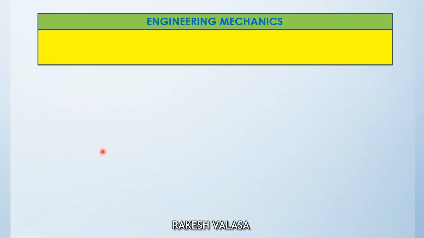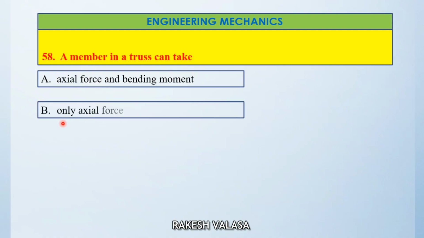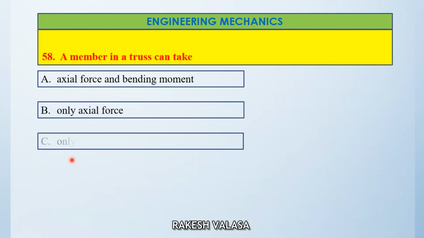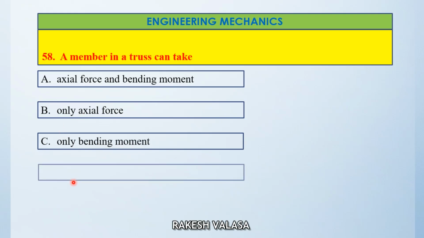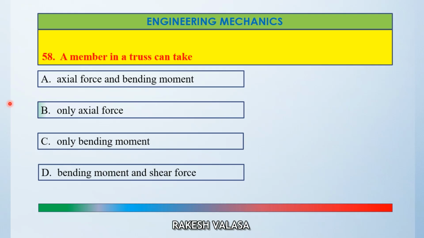Question number 58. A member in a truss can take option A axial force and bending moment, option B only axial force, option C only bending moment, option D bending moment and shear force. The correct answer is option B, only axial force.